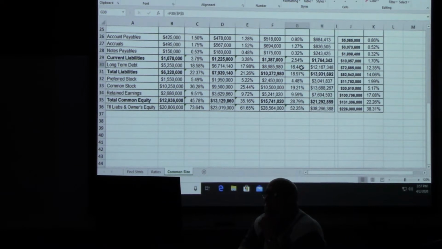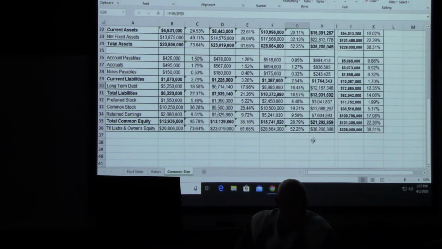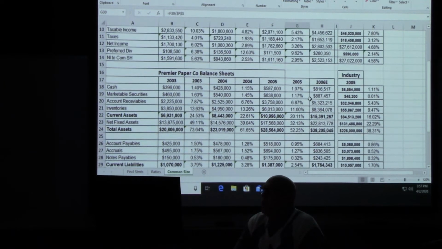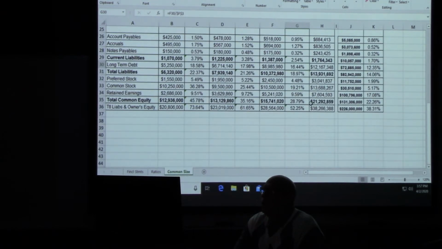We can change our long-term debt. Well, let's leave it like it is for the time being. All right. So what do we need to do now? We've done common size statements. Let's do a cash flow statement and see how much money we're going to need.